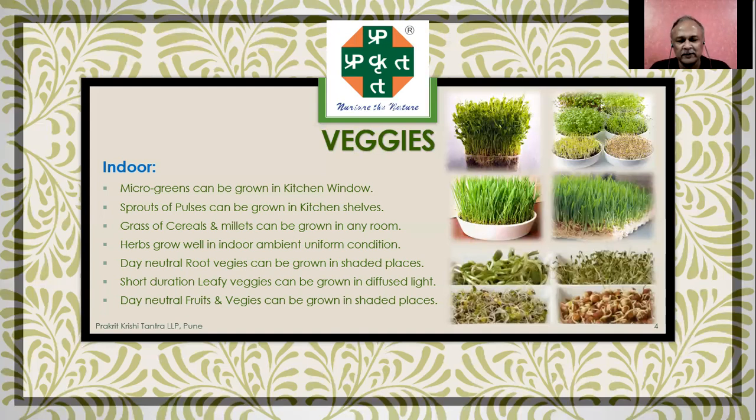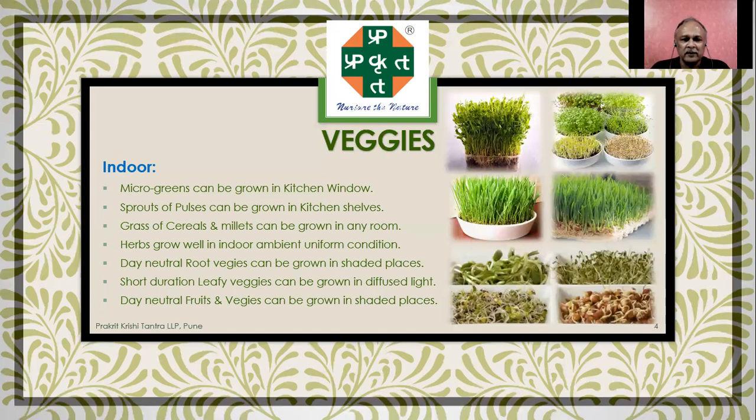So indoor, where sunlight is not that important, uniform condition is more important, whether it is sunlight or temperature, ambient humidity, etc. Then come the short duration leafy vegetables, for example cilantro, coriander, or fenugreek, which are approximately 1 month, plus or minus.